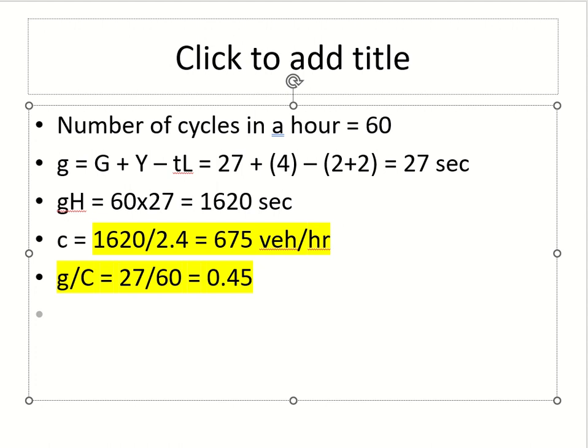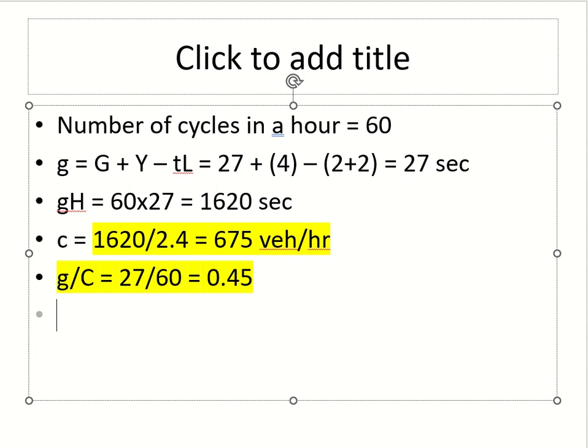But if I can have the whole cycle length in which vehicles were moving at saturation headway, then the G by C ratio will be what? If vehicles move at saturation headway in the entire cycle length, the entire cycle length is effective green, so this ratio will be 1.